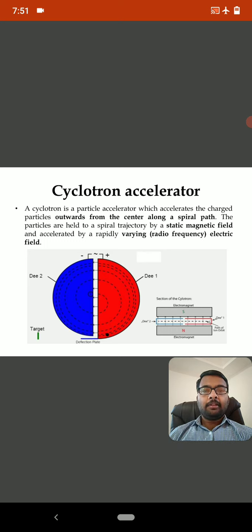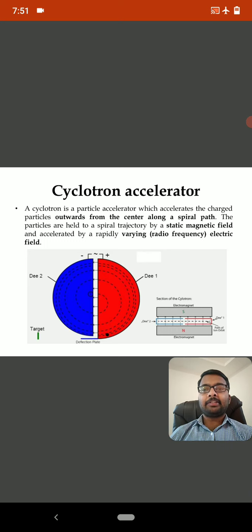In between these two electrodes there is an ion source, from which we can extract the ions, and those ions can be accelerated within the gap between these two electrodes with the help of the radio frequency generator.